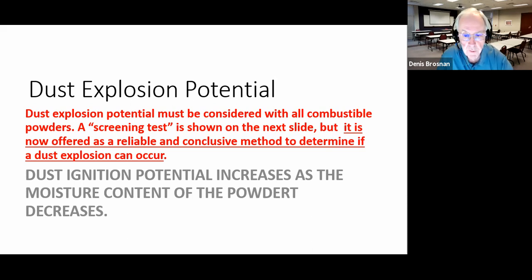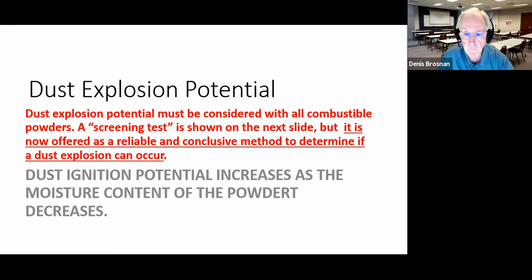Now, it's very important for me to talk about dust explosion potential. Dust explosions occur with any combustible powder. So this happens with foods. Dust explosions in the United States happen sometimes with grain elevators, where grain is a solid organic material and it's being conveyed pneumatically into the grain elevator, as it's called, the bin or silo where it's stored.